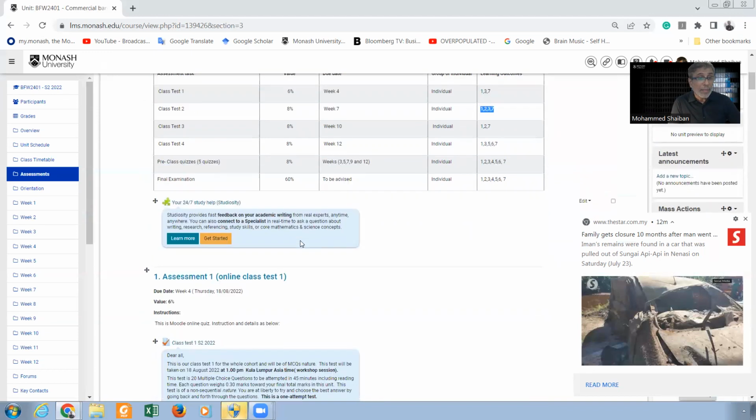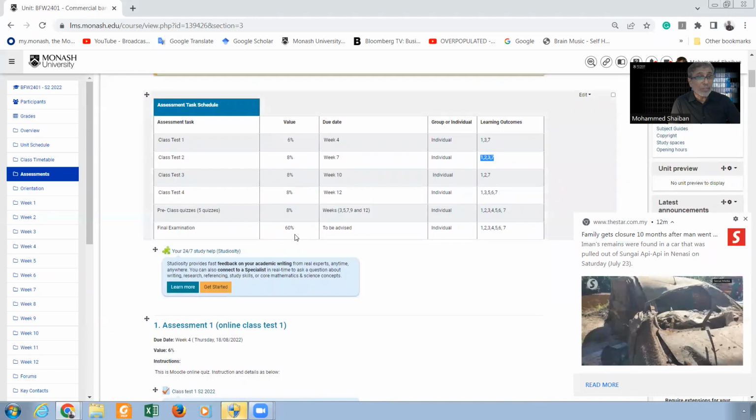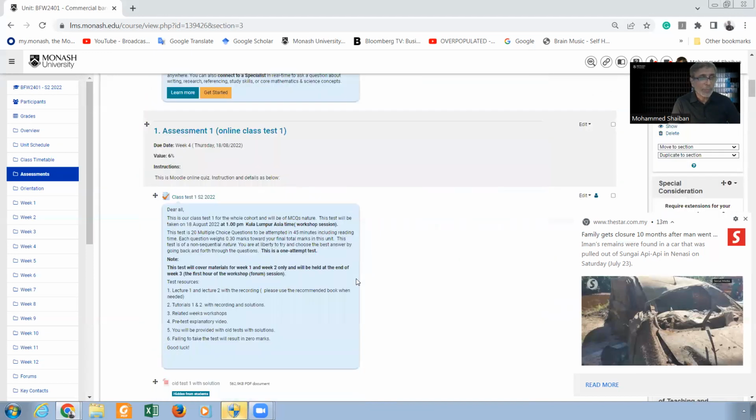And then to give you more details, when we talk about the pre-class activity, we have 5 pre-class activities. They are due in weeks 3, 5, 7, 9, and 12. And they also cover all the learning objectives of the unit. And this, from the feedback, is very, very important.